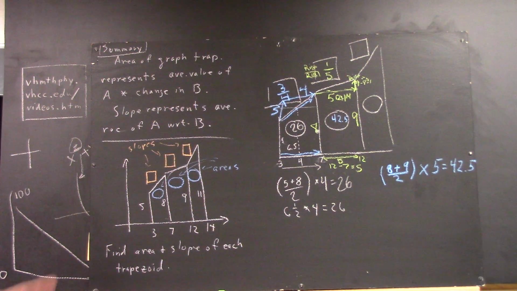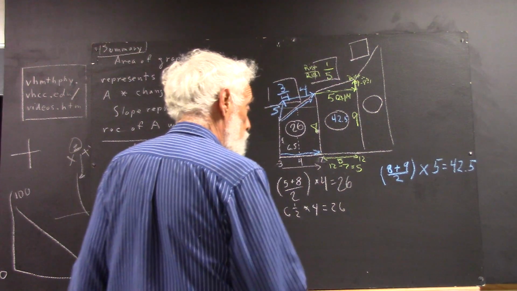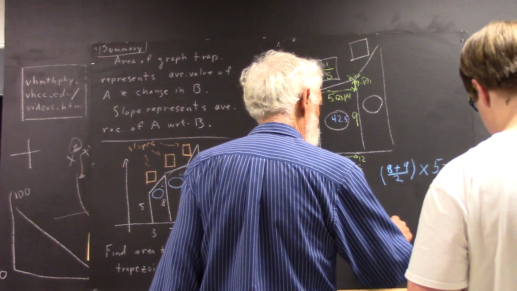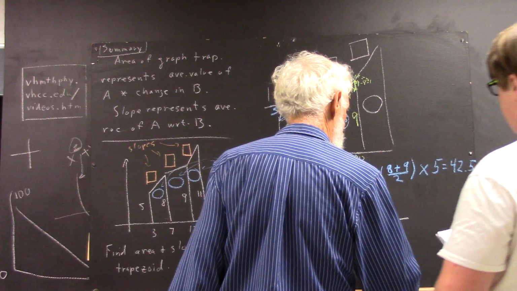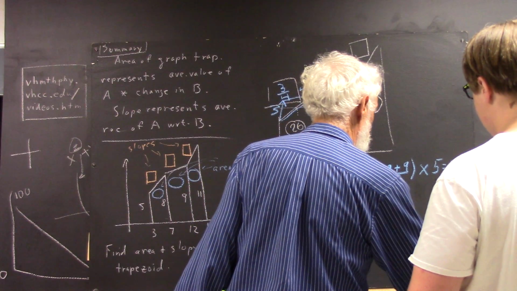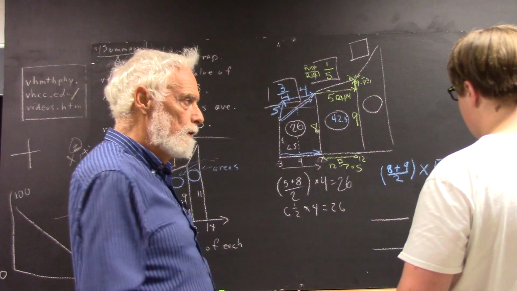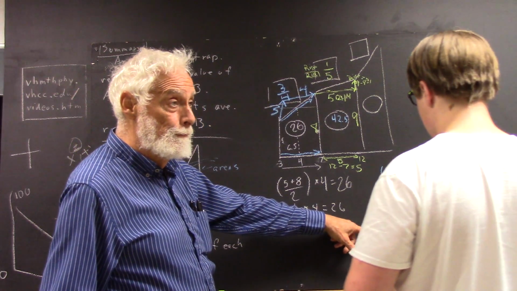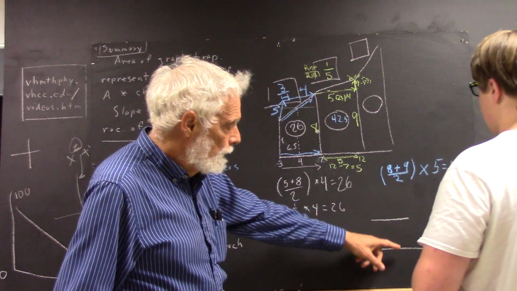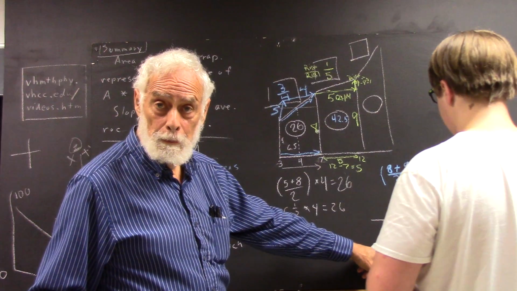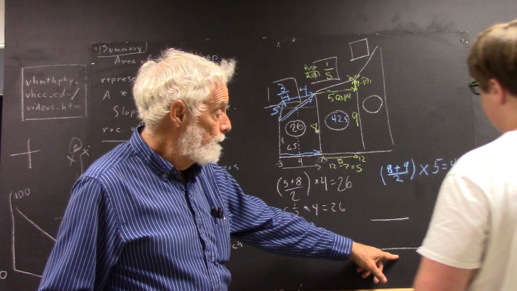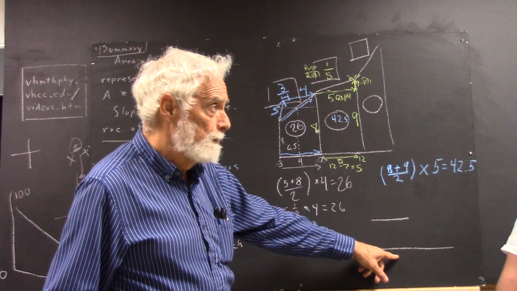Okay, because you're kind of on the spot. It's all right. Okay. If I have this line and a line here, and they can be vertical or horizontal or anything, okay? If I add the lengths of those lines and divide by 2, what would that give me?